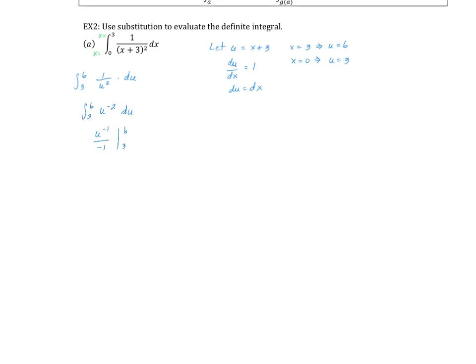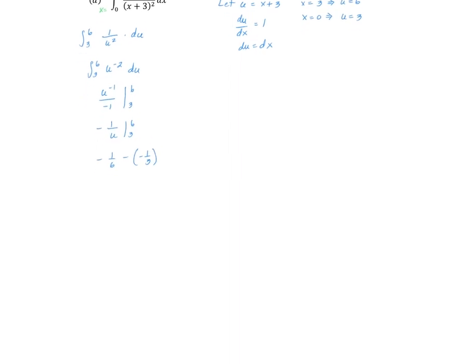This is easier to evaluate if you write it as negative 1 over u. So we have negative 1/6 minus a negative 1/3. And then that's just going to end up being a positive 1/6.